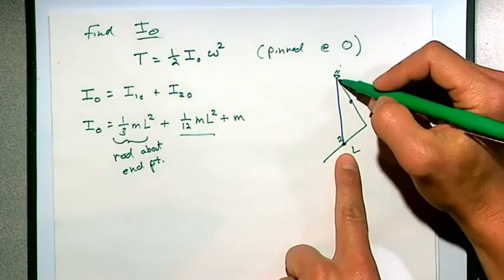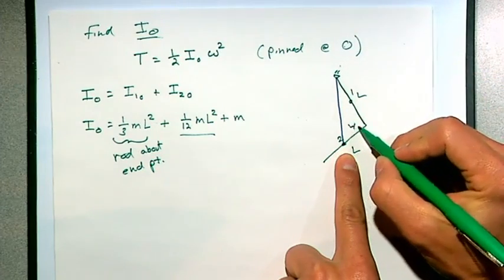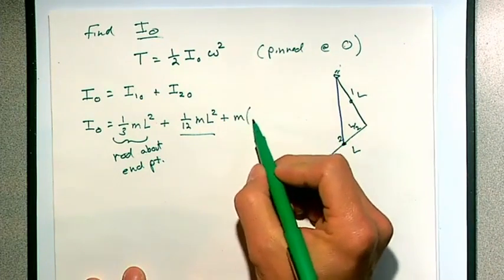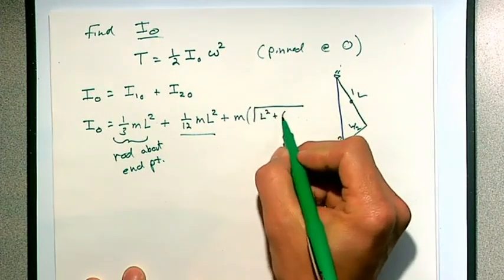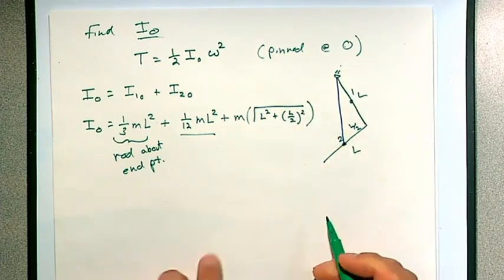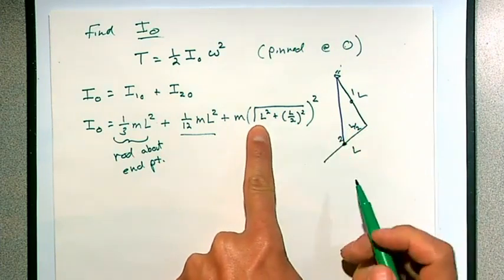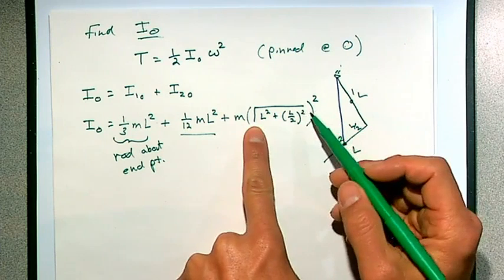Well, if this part of the triangle is L, this part is L over 2. The length is the square root of L squared plus L over 2 squared, and it's mass times that length squared. So that actually works out pretty nice for us. I've got a square root of a square, or a square of a square root.